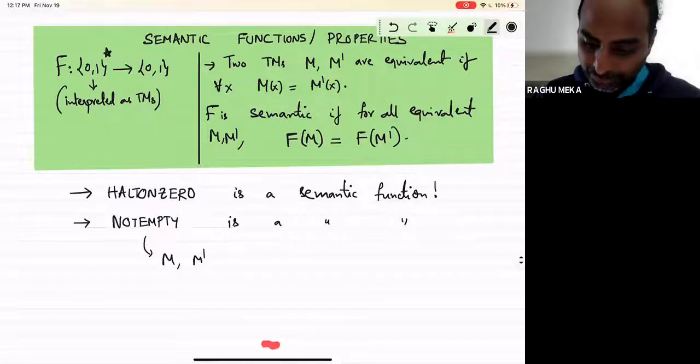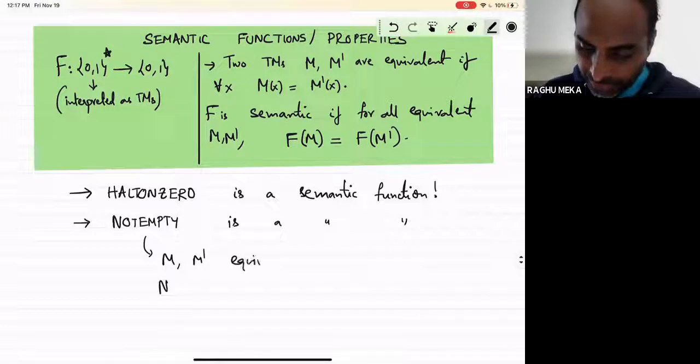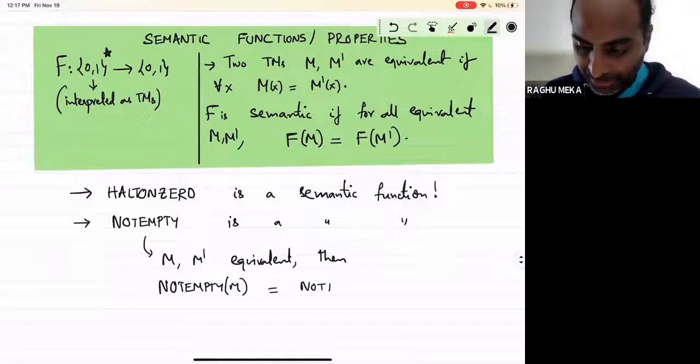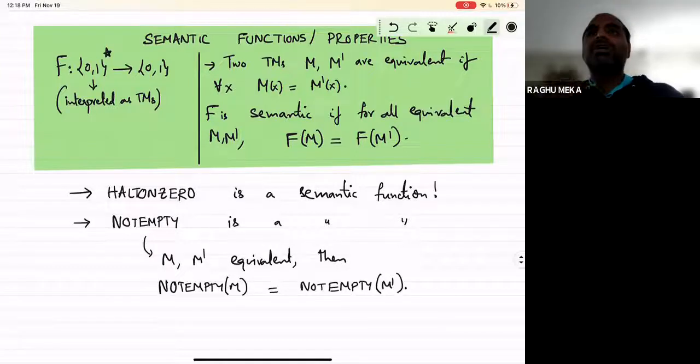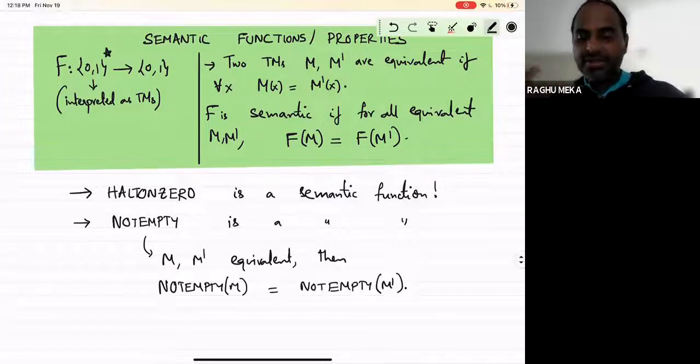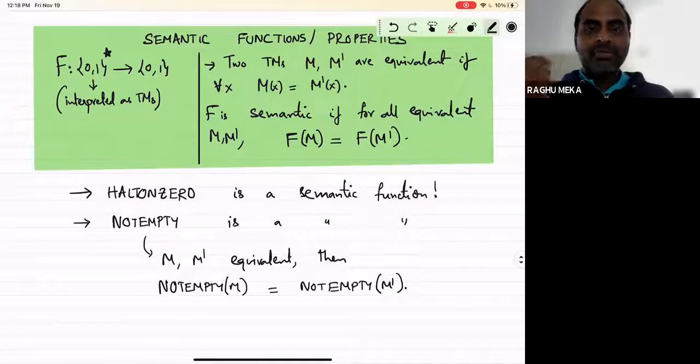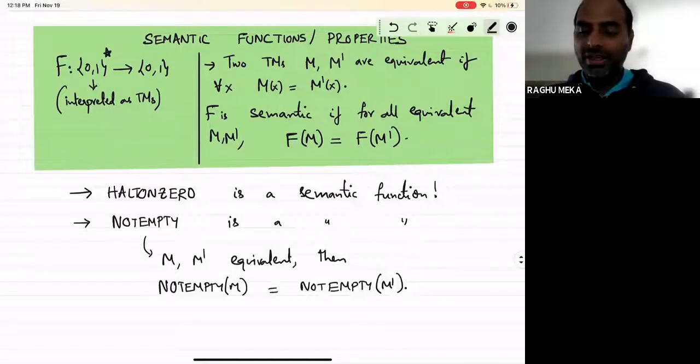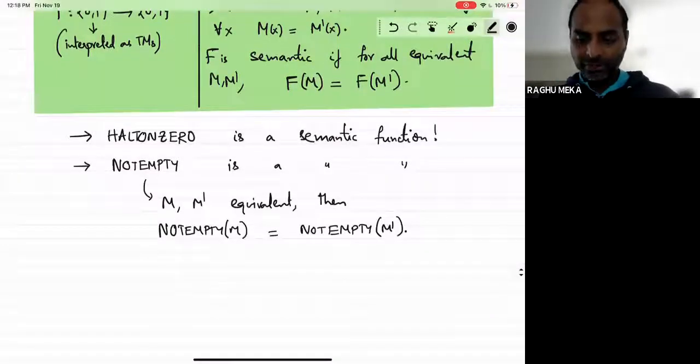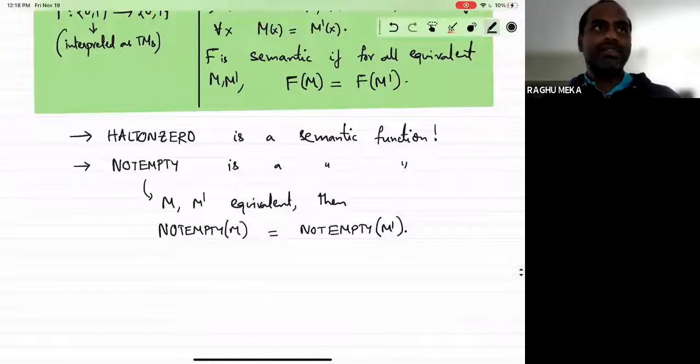And equivalent, then not empty of M equals not empty of M prime. Right? Because not empty is 1 when there is some x such that M of x equals 1. But then M prime of x should also equal 1 because M of x equals M prime of x for all x, and vice versa. Okay. So this is another example.